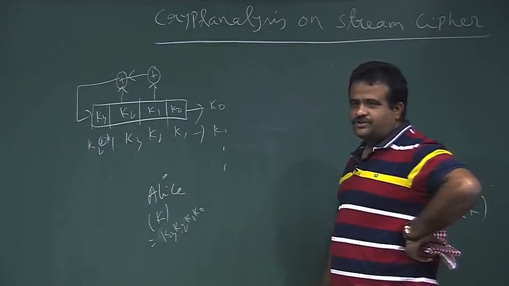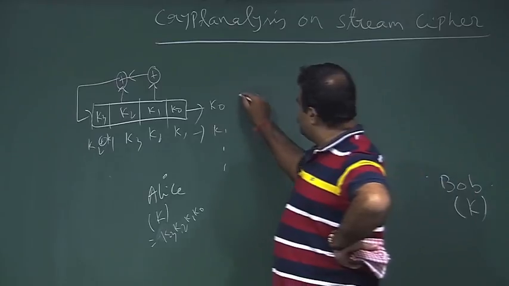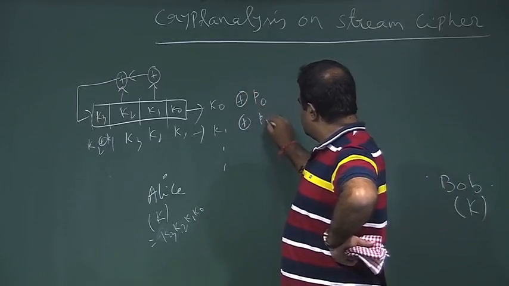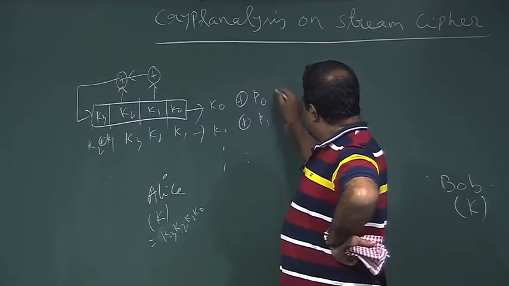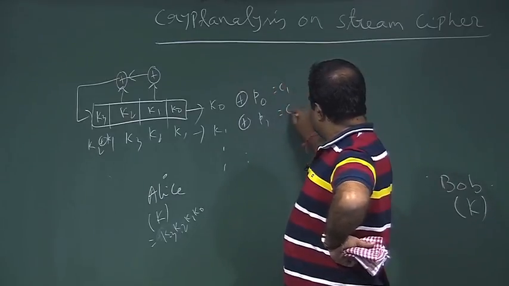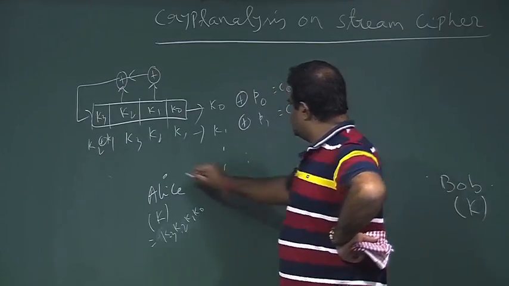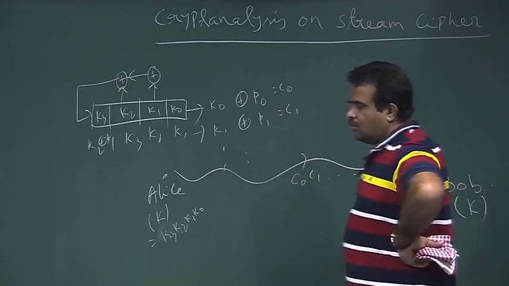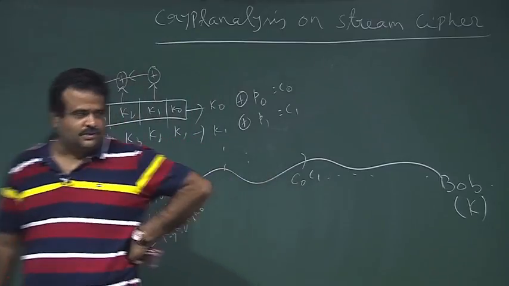This is the key stream, and we XOR this key stream with the plaintext bits P0, P1, and we get C0, C1, which are sent to Bob. So this is the encryption.